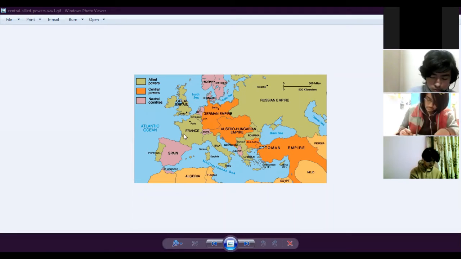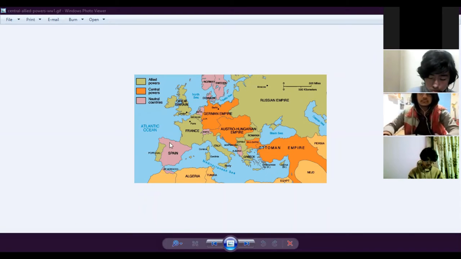Bulgaria joined the Central Powers to expand its land and to also take over Romania and other Balkan countries.